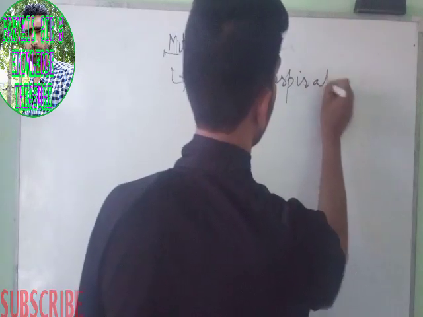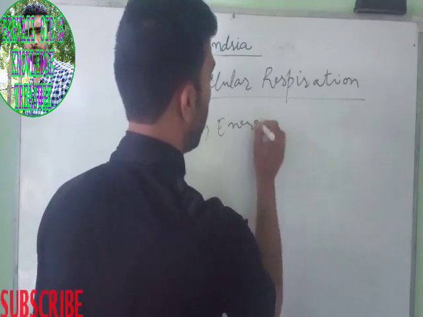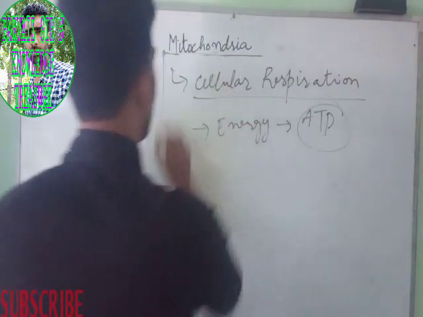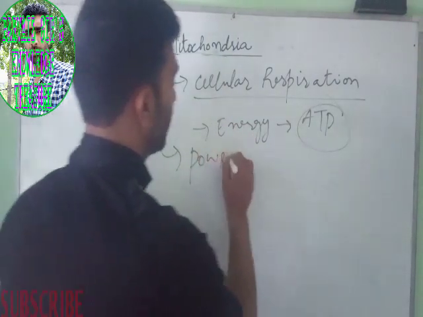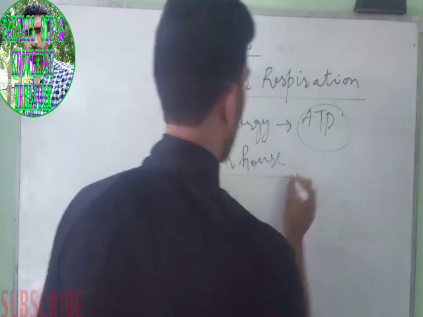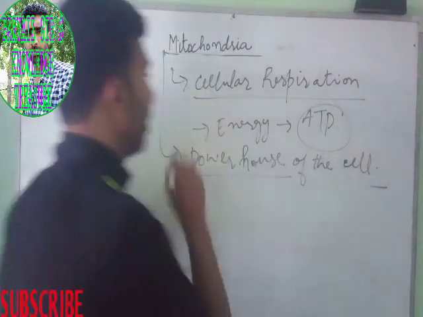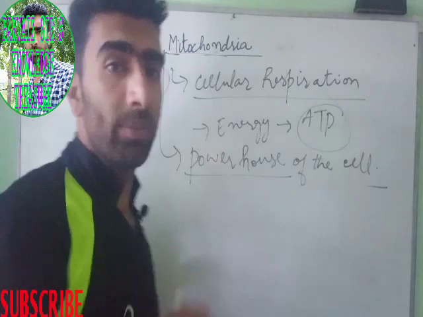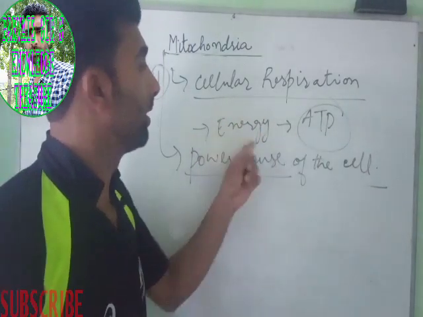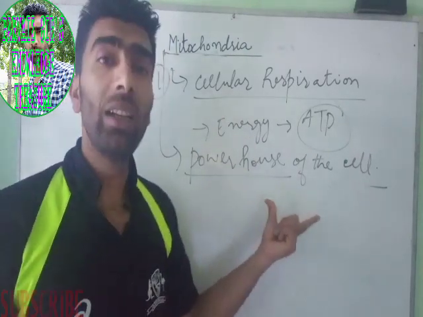And in cellular respiration, it produces energy in the form of ATP. That's why mitochondria is called the powerhouse of the cell. Since it produces energy, it is known as the powerhouse of the cell. Its main function is that it produces ATP, that is, it produces energy in the cell.